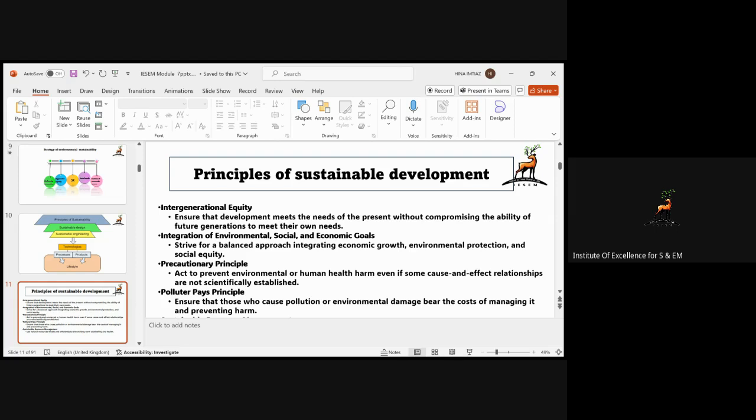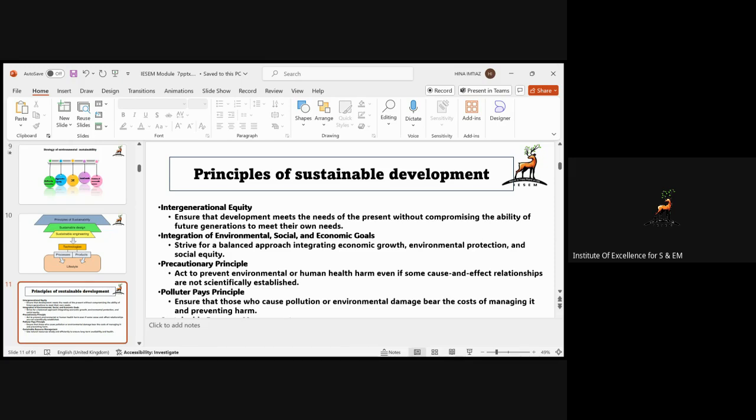The second principle says that we have to adopt an integrated approach to environmental, social and economic goals, because we are striving for a balanced approach which basically demands integrating economic growth, environmental protection and social equity.